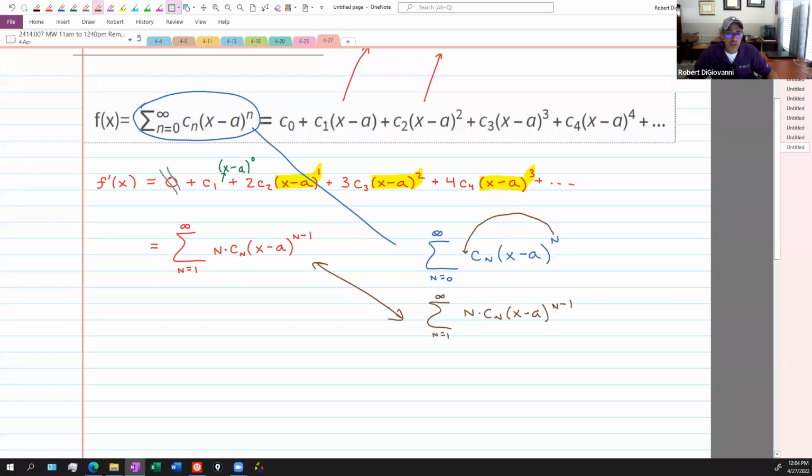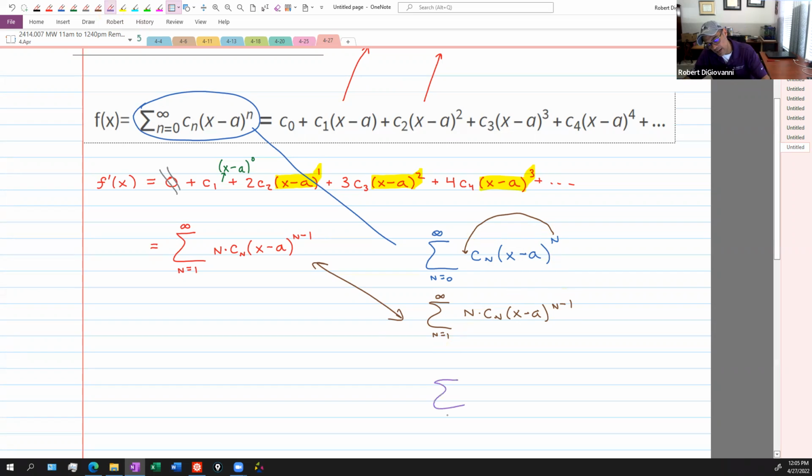So differentiating a power series is what you think it would be. It's just bring this n out front, subtract 1 from the n, and shift your index up to 1. Now, if I wrote 0, would it be wrong?